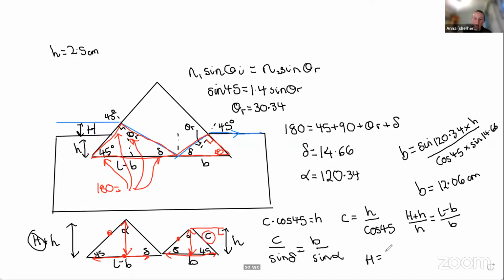So we have big H is little h times L minus B over B, minus little h, which then comes out at 4.33 centimeters. But you guys can check for me if you like in the chat. Got your calculators handy.